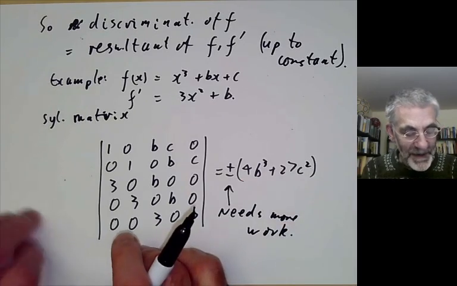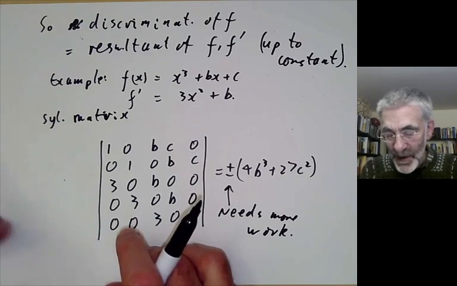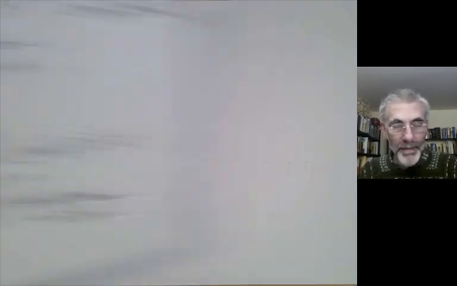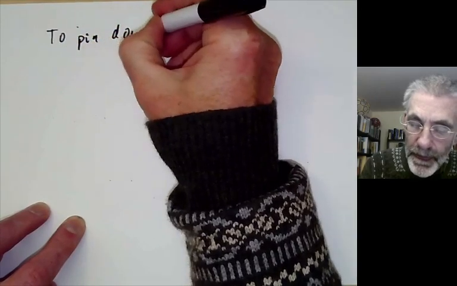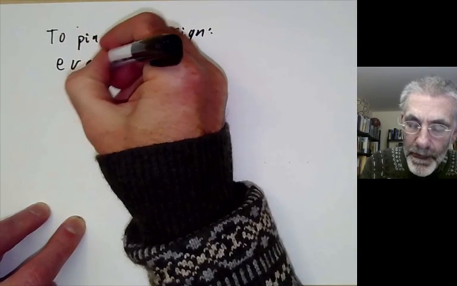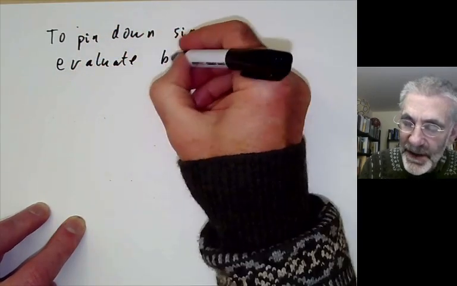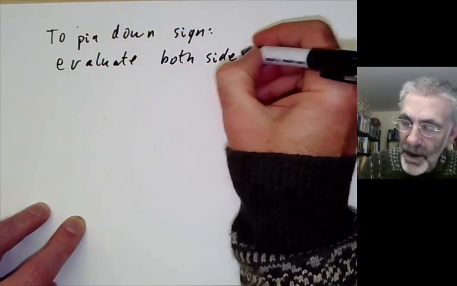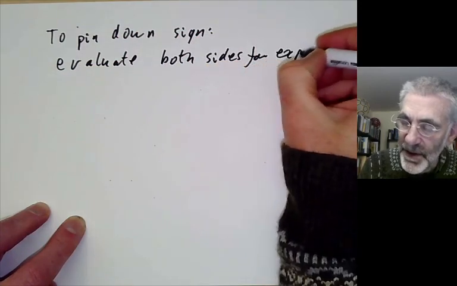So how do we pin down the sign? Well, the easy way to pin down the sign is we evaluate both sides for an explicit polynomial.